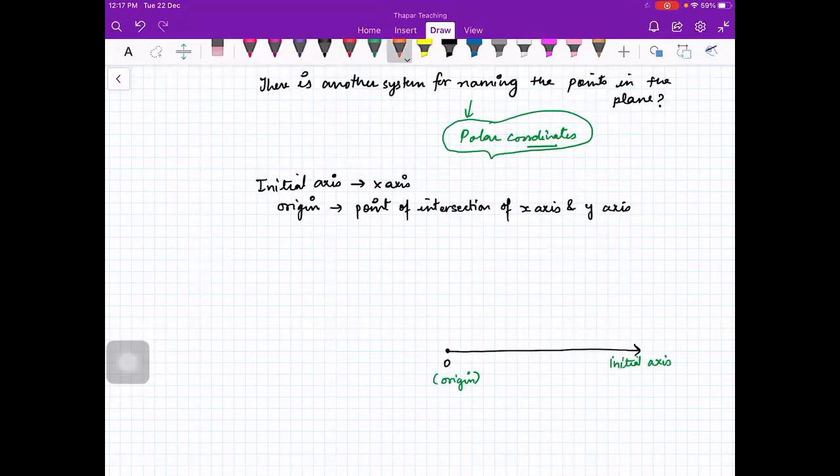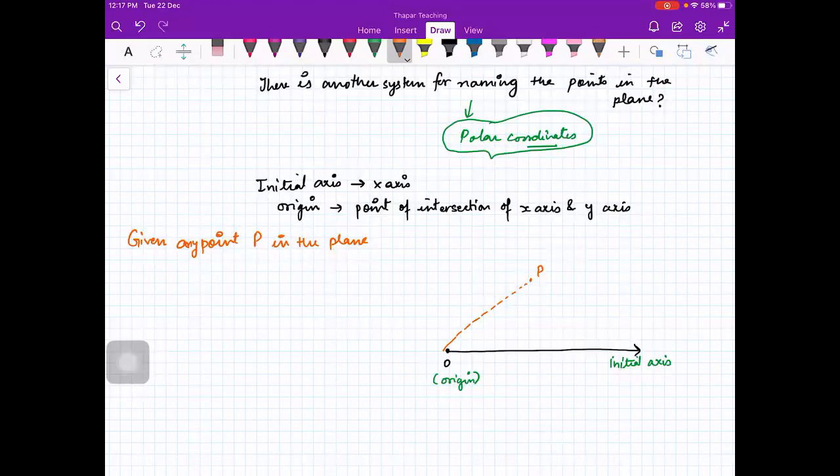Then given any point in the plane, how are we going to name it? We will join that point with the origin. You have to remember this is only for 2D. We are not going into 3D. Polar coordinates are only for a plane, right?